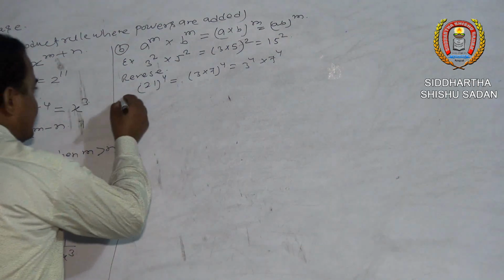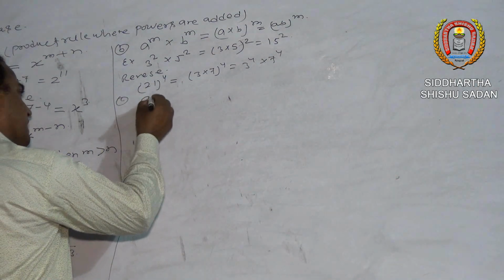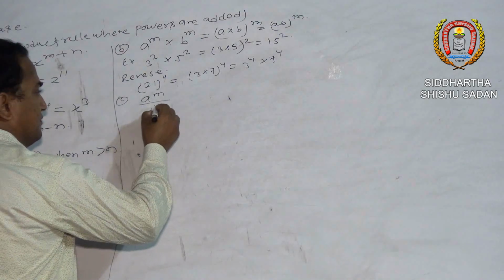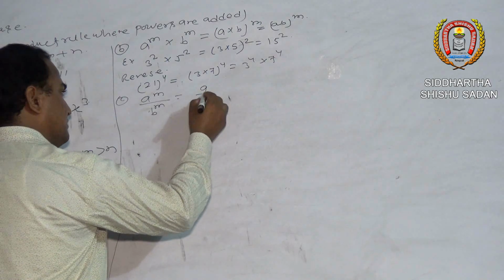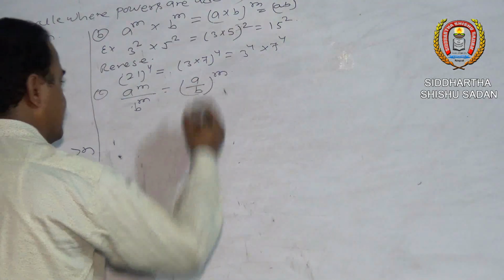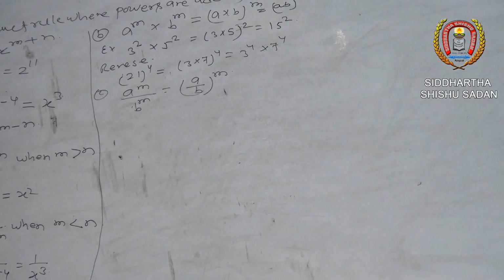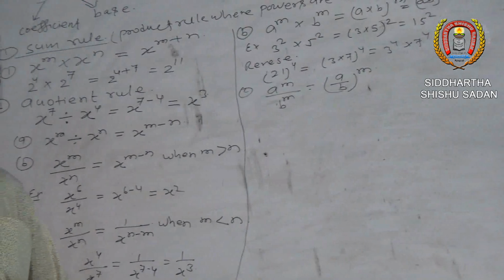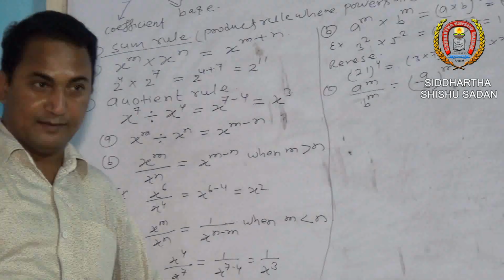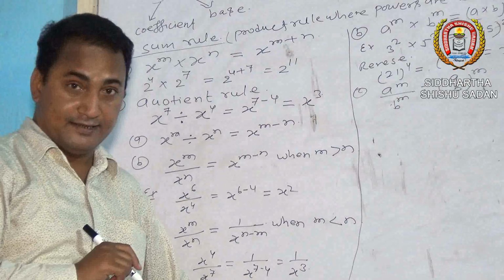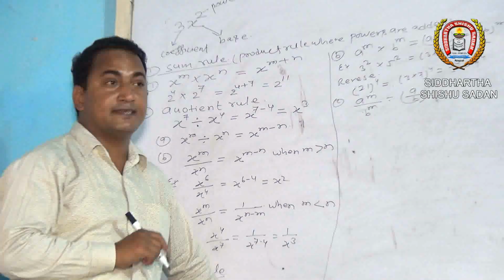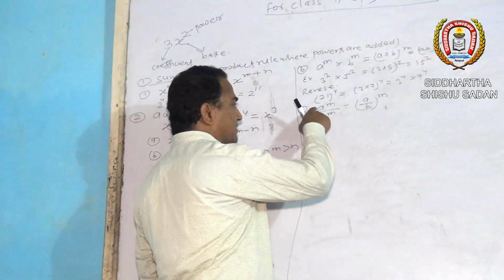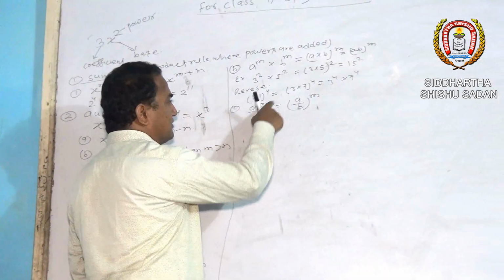Next is C, a to the power m by b to the power m. What is there? A by b whole to the power m. It means when the two bases are in division form and they have the same power, in that condition, take the power common and put the bases in division form. Look here, both the bases are different and they have the same power.